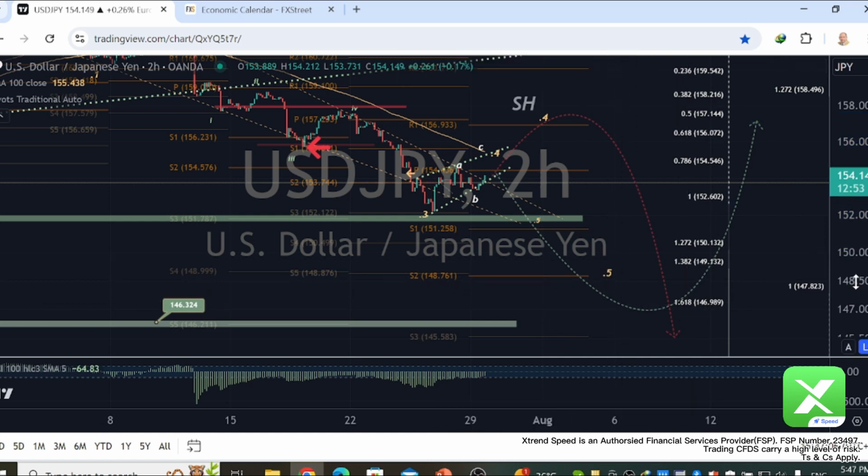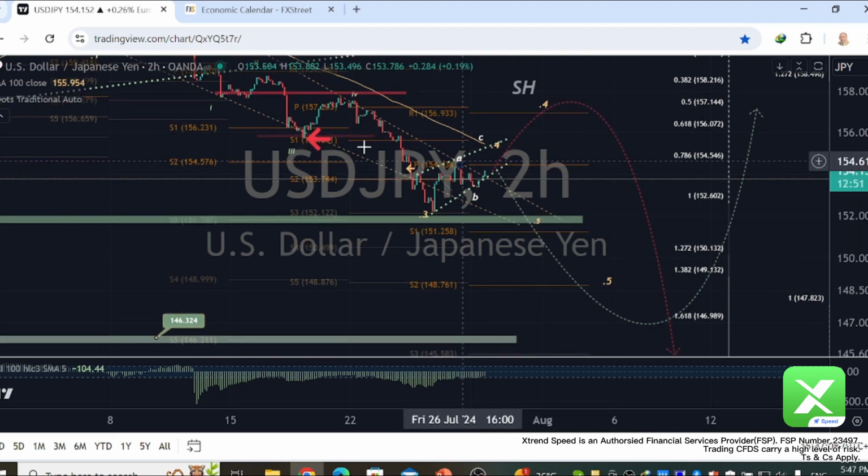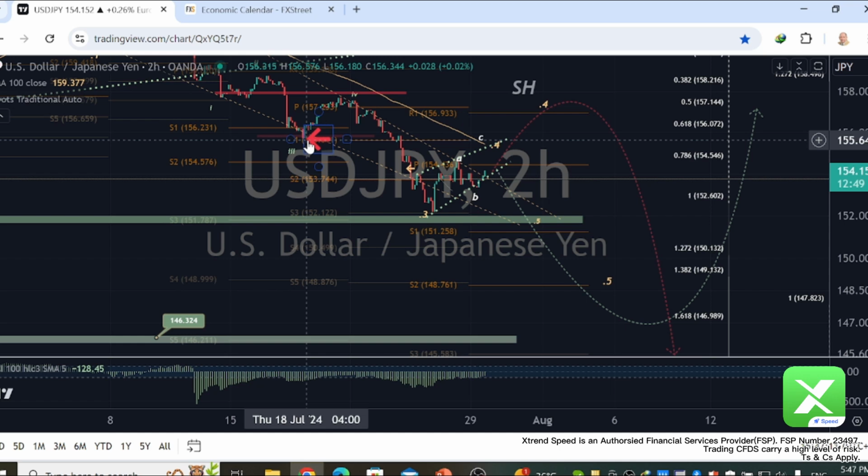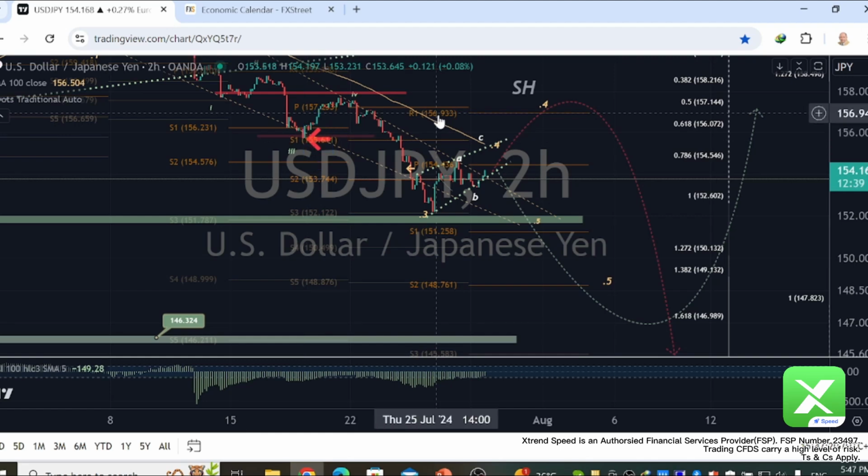Regarding FOMC, of course. But regarding the Bank of Japan, we can either short market before the release, or if you wish, have a third of a size, for instance, at 157, that would also be appropriate. 156, 156.20, close to that level 3, as close as possible to that level 3.